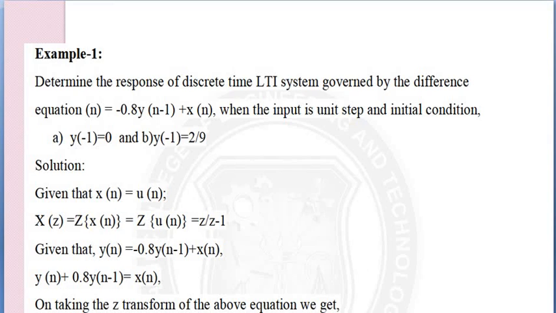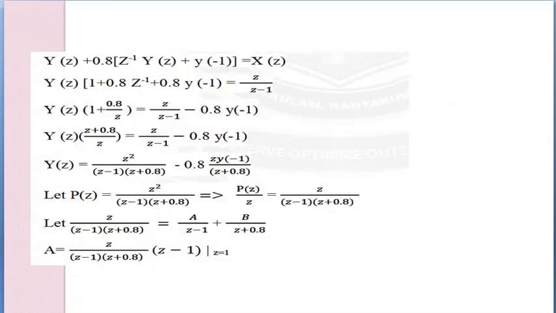On taking the Z transform of the above equation, we get Y of z plus 0.8 z inverse Y of z plus 0.8 y of minus 1, that is equal to X of z, which is z divided by z minus 1. That is our Z transformation of the input signal. Now simplify to find Y of z.